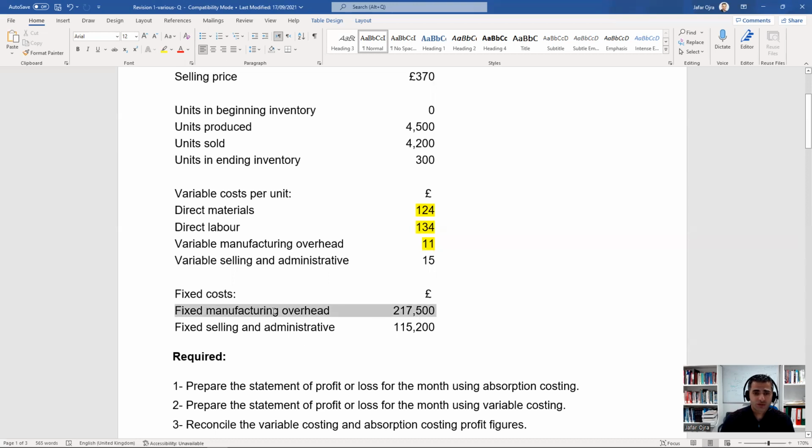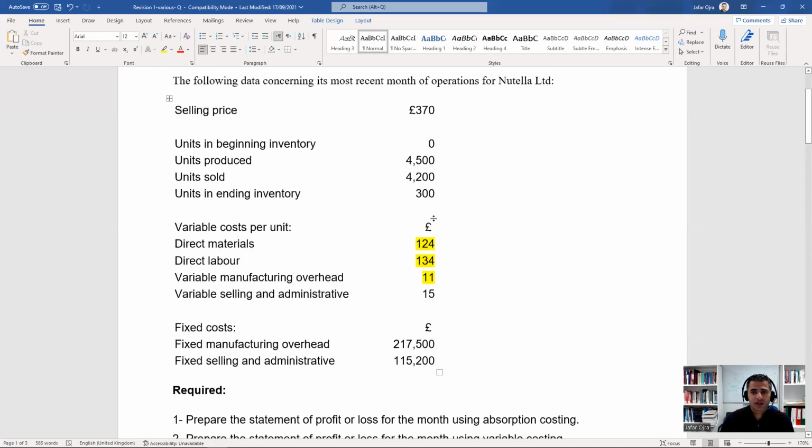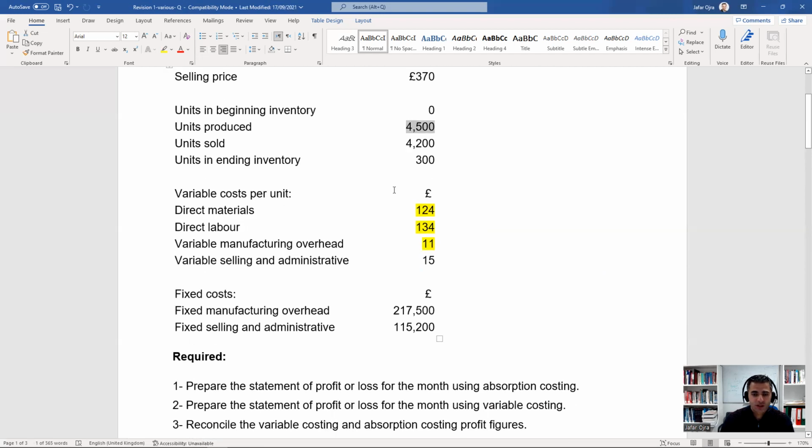The fixed production overhead is 217,500 pounds. In order to find out the per unit figure, you need to divide it by the number of units produced, which is 4,500.